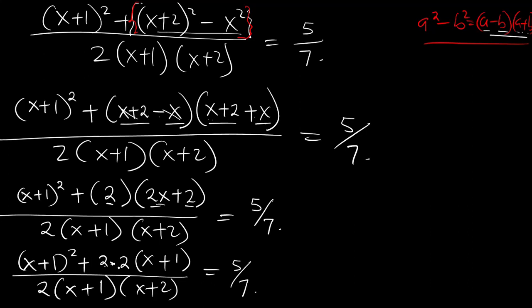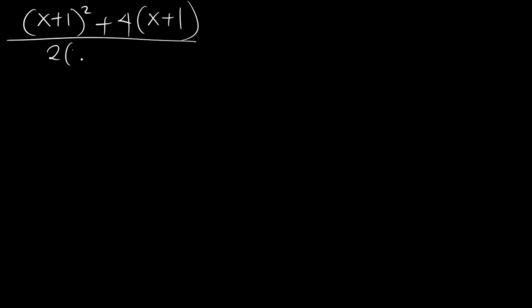So this 2 times 2 will give you 4. So we now have (x plus 1) squared plus 4 into (x plus 1) divided by 2 into (x plus 1) times (x plus 2) equal to 5 over 7.